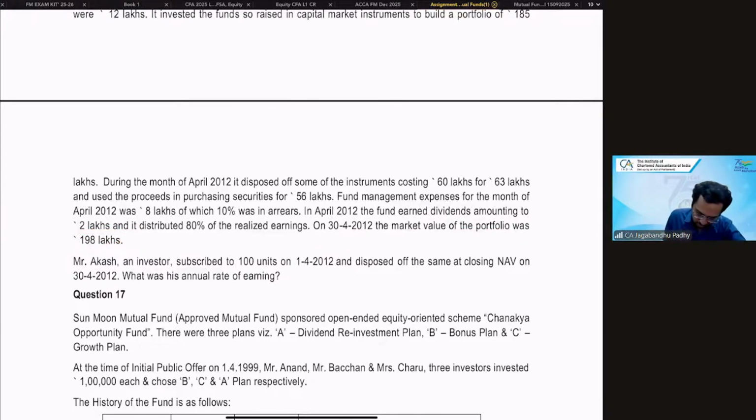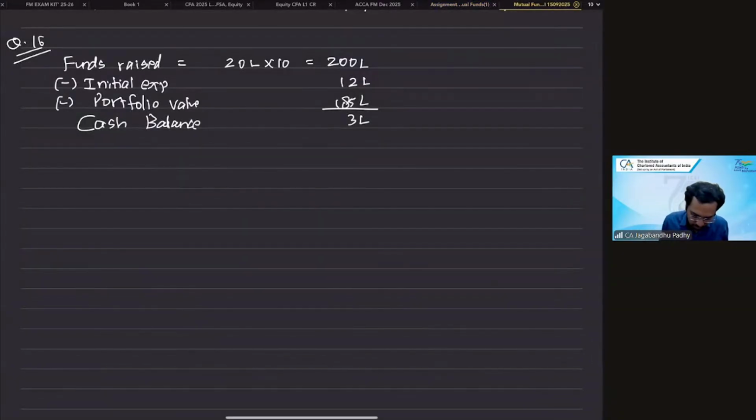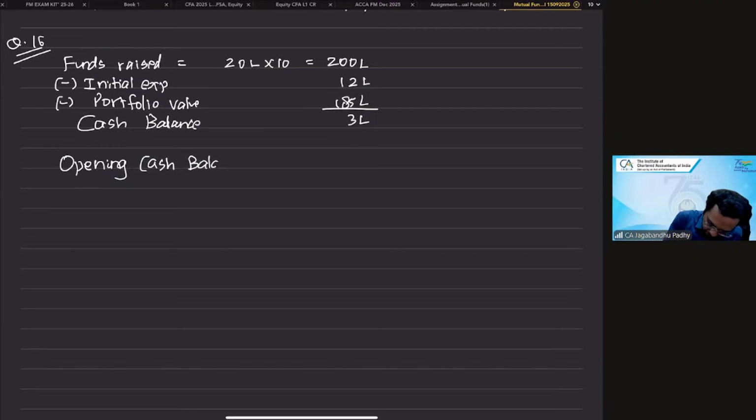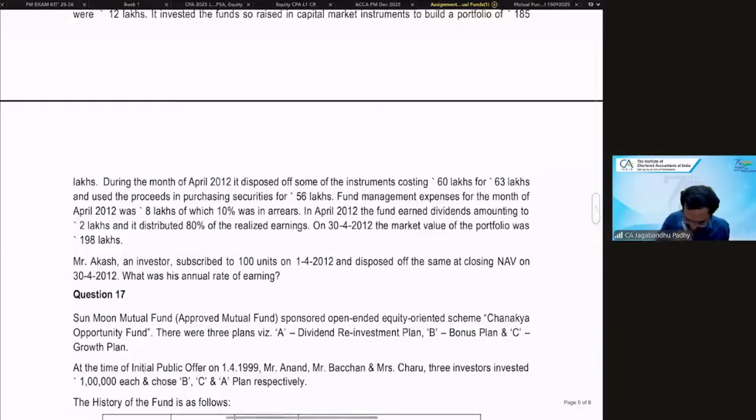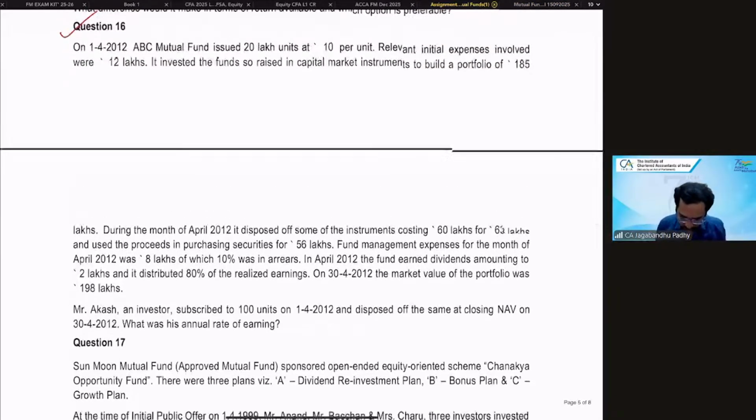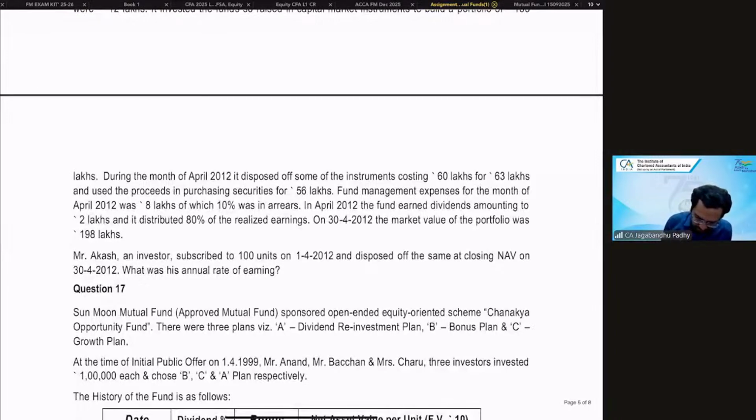Now what we are interested in is calculating the closing cash balance. Opening cash balance is 3 lakh, correct, guys? In this cash balance of 3 lakh, a lot of transactions have happened in the question.